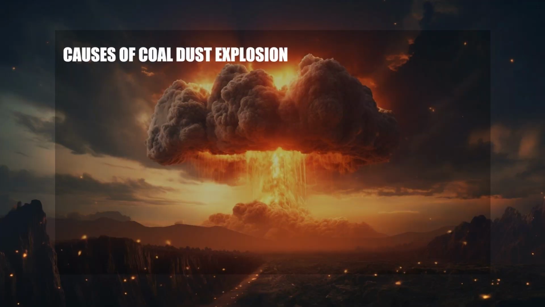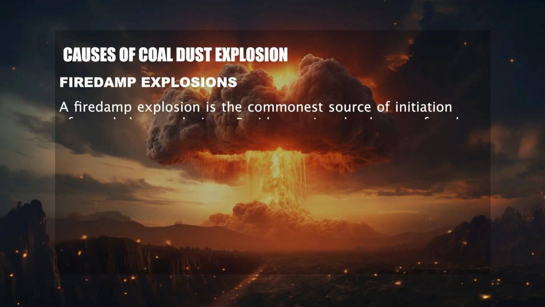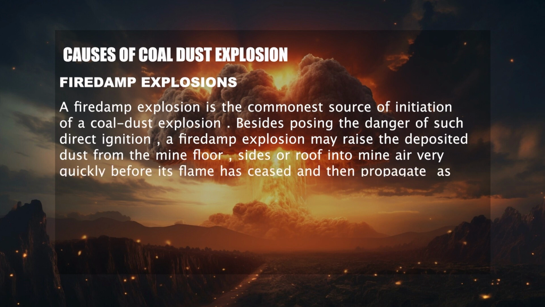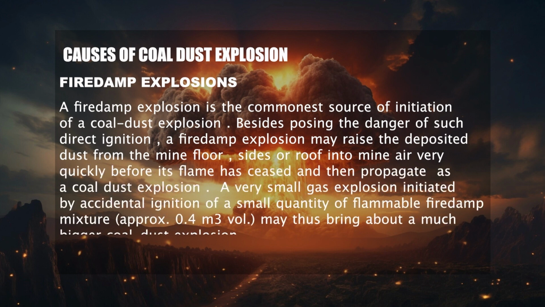A fire damp explosion is the commonest source of ignition of a coal dust explosion. Whenever a fire damp explosion occurs, it gives a prime source of heat and that causes ignition of coal dust if it is present in sufficient amount.